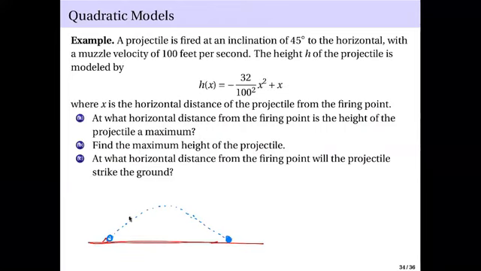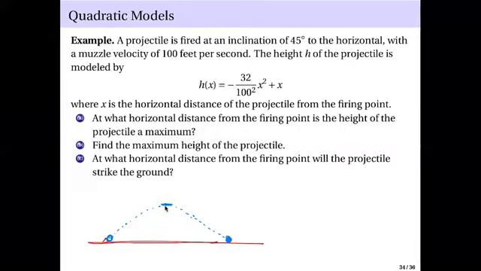The graph of a quadratic function is a parabola, so the graph will be parabolic here. The question is, at what horizontal distance from the firing point is the height of the projectile a maximum? This is the maximum height, assuming that the vertex is at this point.